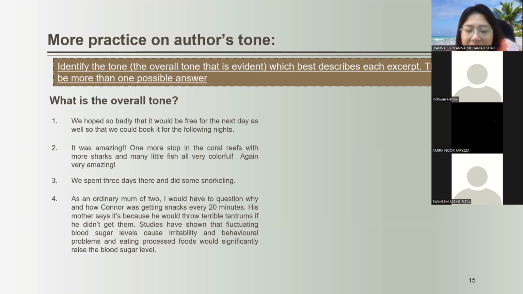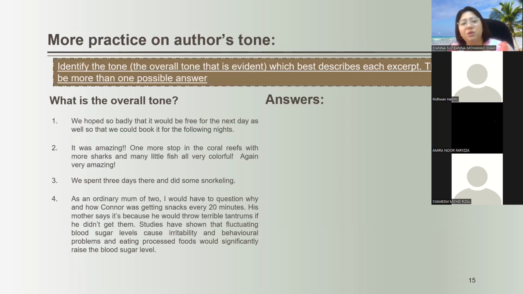So when it comes to this, you're going to underline some of the keywords. For number 1, we hope so badly, the word badly, that it would be free for the next day as well, so that we could book it for the following nights. So you are actually hoping. So the tone is going to be, you identify on your own.